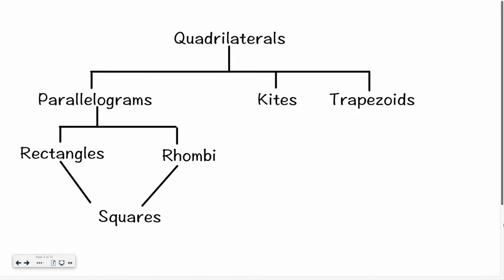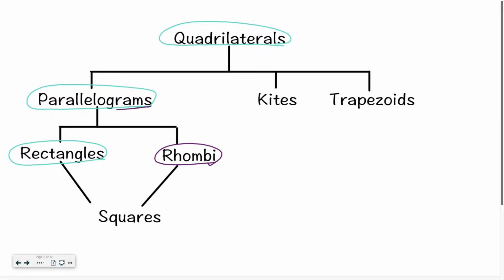So if I am looking at a rectangle, that means that the rectangle has any of the properties of anything listed above it. So a rectangle is also a parallelogram, and it's also a quadrilateral. A rhombus is also a parallelogram, and it's also a quadrilateral.